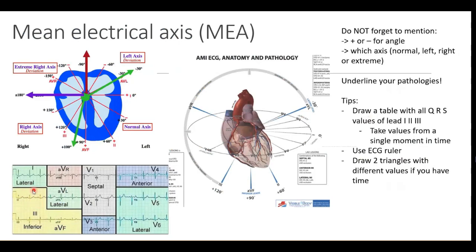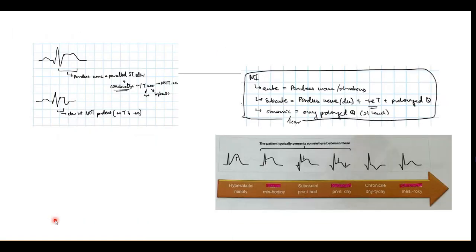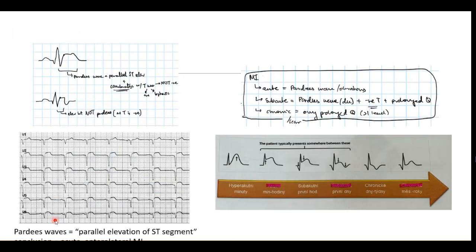So in case you only see a prolonged Q in lead 2, then you just mention in the conclusion prolonged Q in lead 2. But if you see it in 2, 3, aVF, then it's going to be a chronic MI or a scar after MI in the diaphragmatic part of the heart. So always make sense of where you're seeing the pathologies.